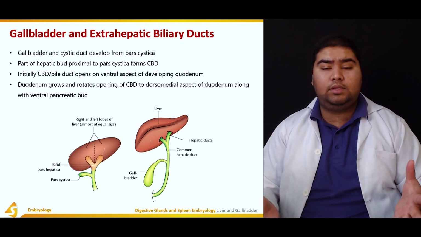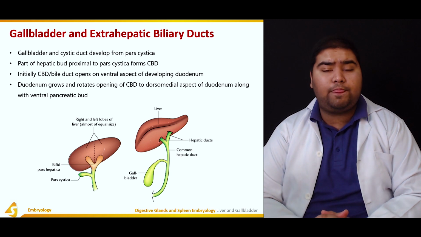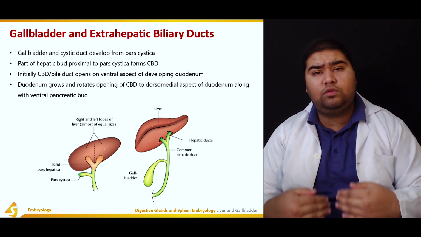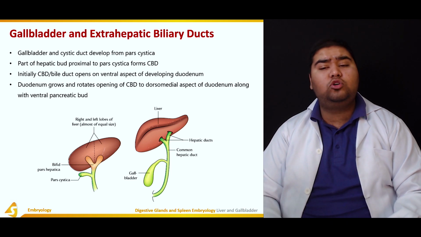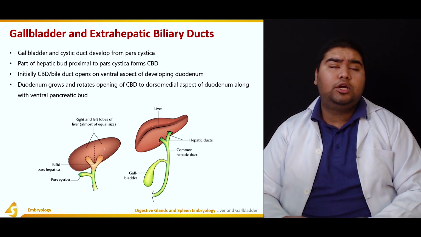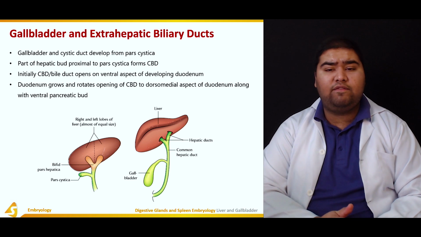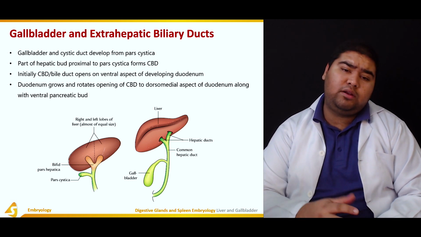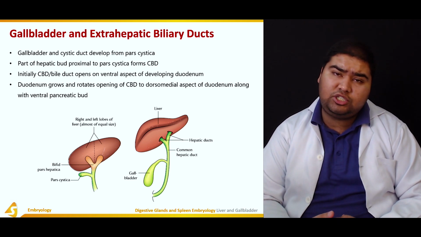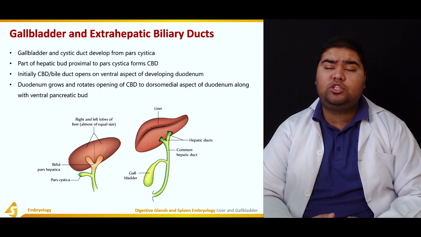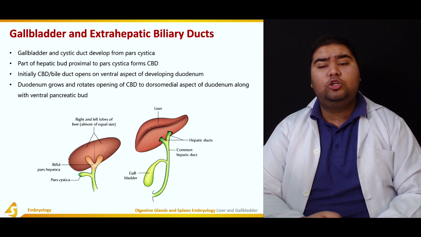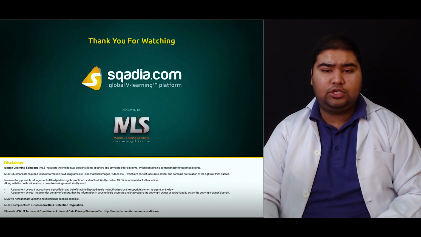So there's a common opening of the common bile duct and the ventral pancreatic duct, and it lies on the dorsomedial aspect of the duodenum. Initially it was lying ventrally, but the duodenum underwent development and rotation, as a result of which the opening now lies on the dorsomedial aspect of the duodenum.